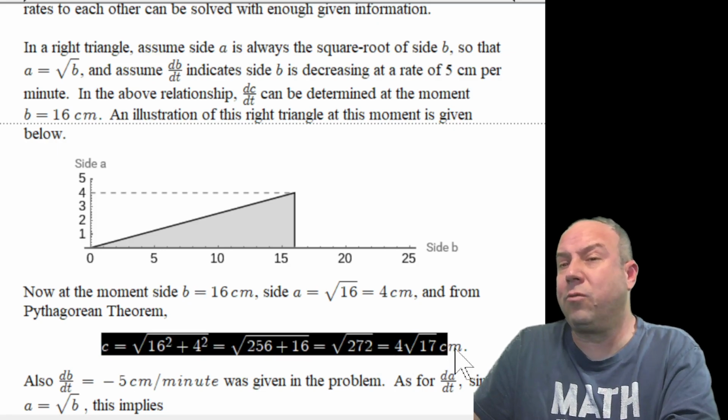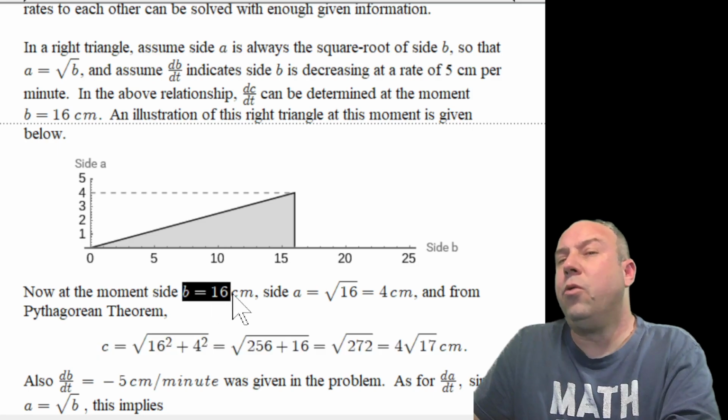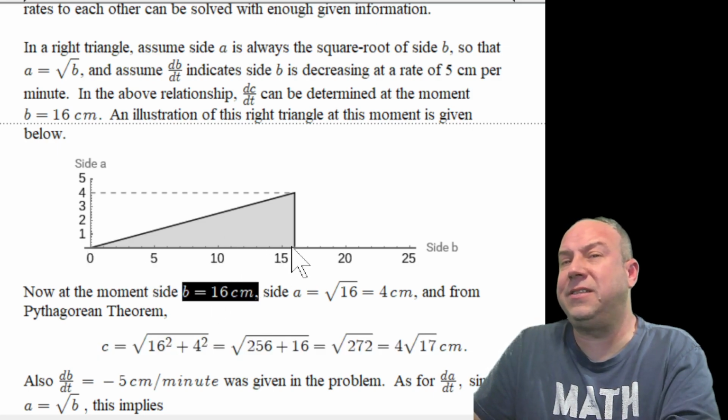It would be 4 root 17 centimeters in length. When B is 16 centimeters, when this distance here is 16 centimeters, and this distance here is 4, this distance here would be 4 root 17 centimeters in length. The hypotenuse would be.